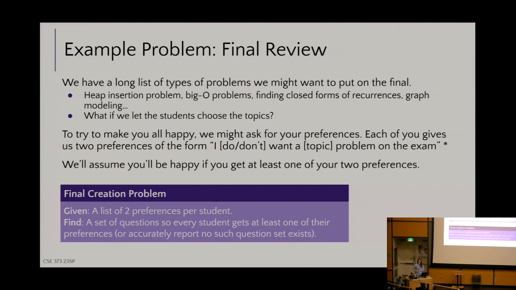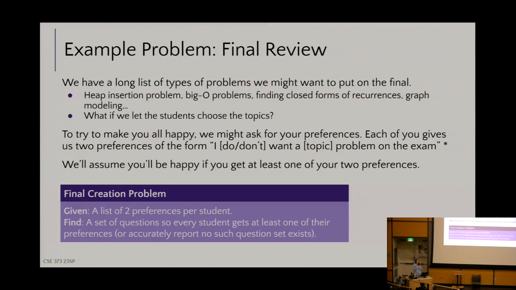So maybe you're like, yeah, I am crushing it with Kruskal's, I do want an MST problem, but that shortest path really ruined me, and I don't want a Dijkstra's problem. You would express those as 2 Booleans that you give me.